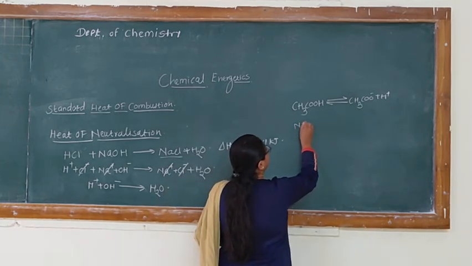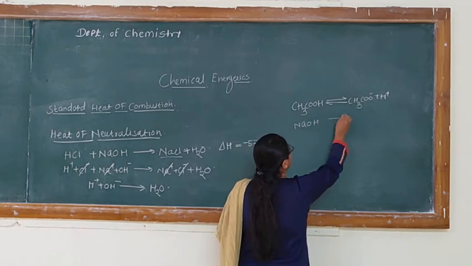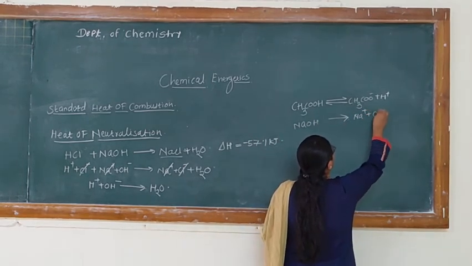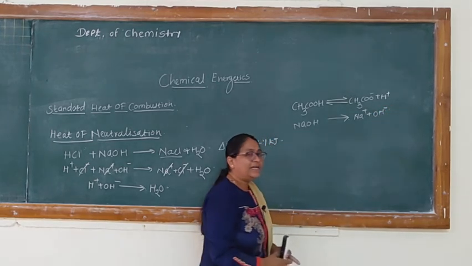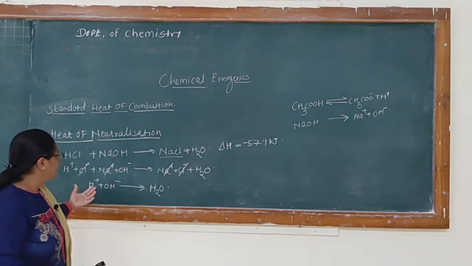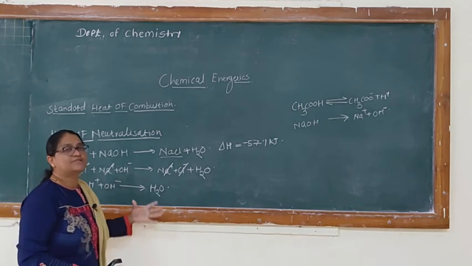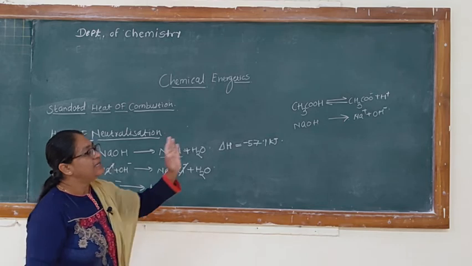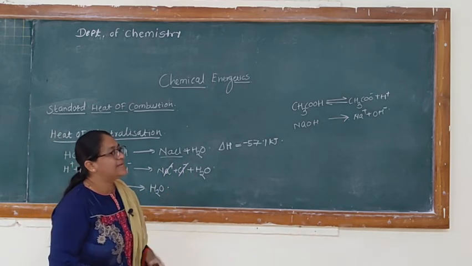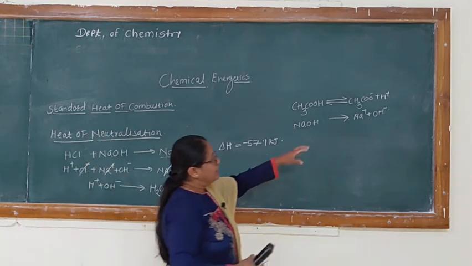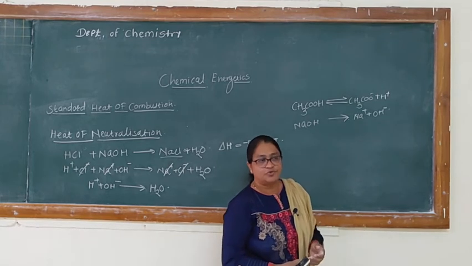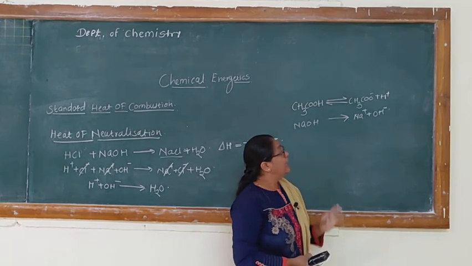While NaOH, as it is a strong base and strong electrolyte, will dissociate as Na plus plus OH minus. And as we have seen, in the heat of neutralization the H plus from acid and OH minus combine, and then water and salt are formed. In this reaction, the H plus and OH minus proceed to form undissociated water.